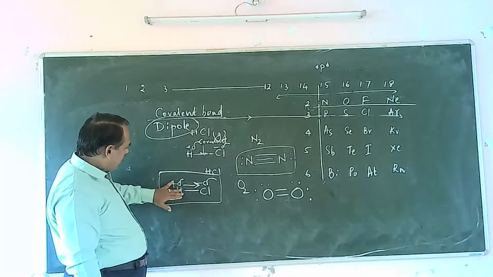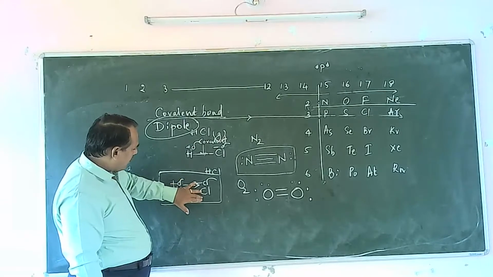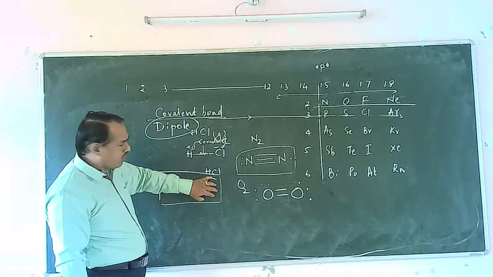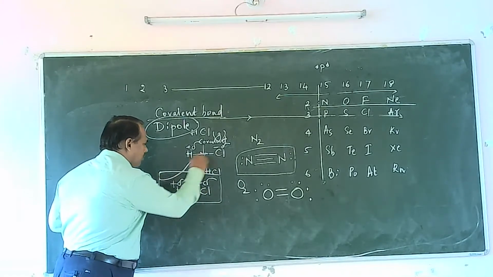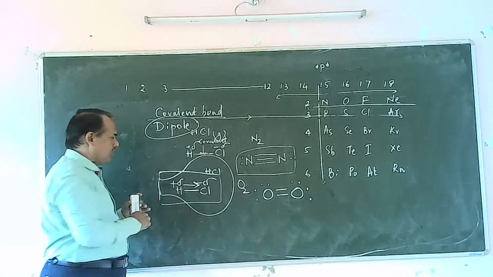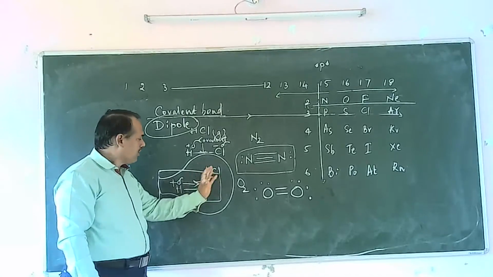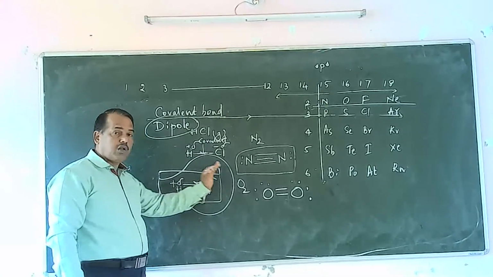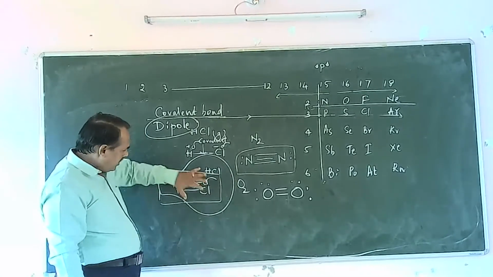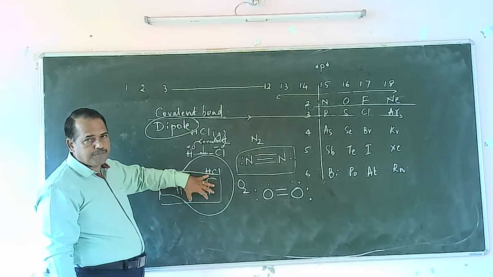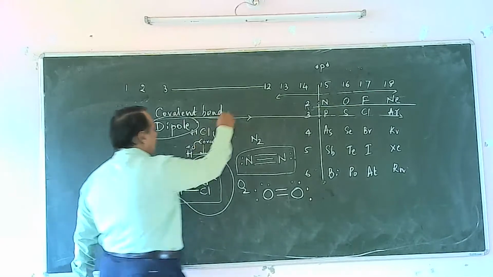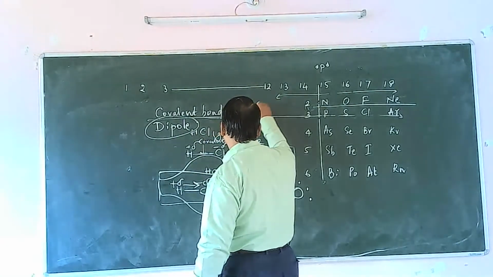In the dipole moment, the electron cloud is on the side of the element which is more electronegative. This is an HCl molecule. You can find more electron cloud towards the more electronegative atom. And these types of compounds are called polar compounds. In covalent bond, we can find polar compounds.